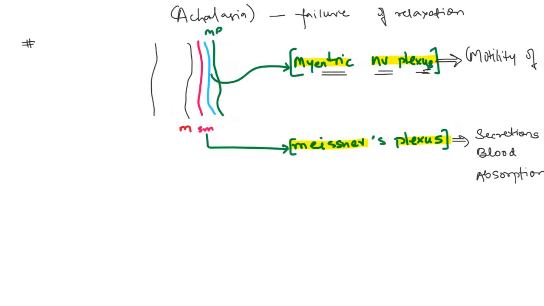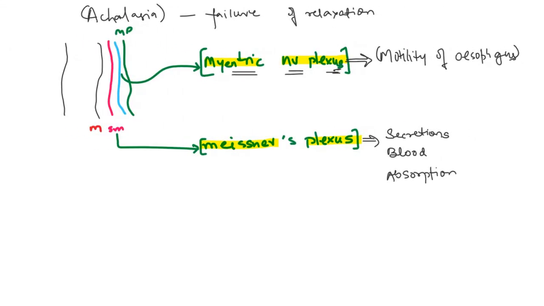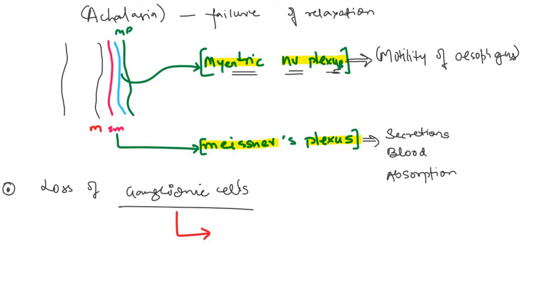Now in case of achalasia cardia, what happens is that there is loss of ganglionic cells. Now, what are these ganglionic cells? The ganglionic cells are special kinds of cells which are found in the myenteric nerve plexus. So in case of achalasia cardia, there is loss of ganglionic cells in the myenteric nerve plexus.